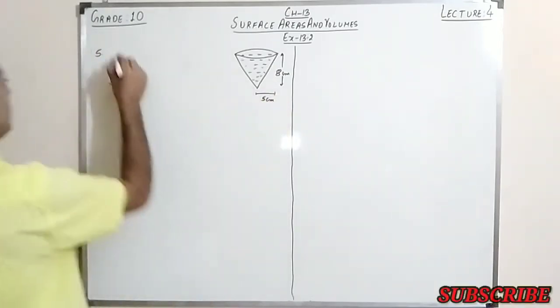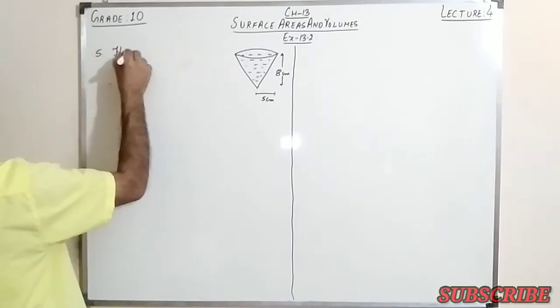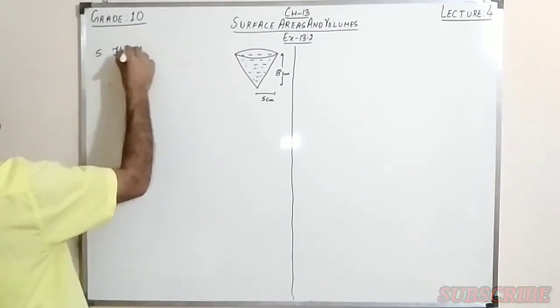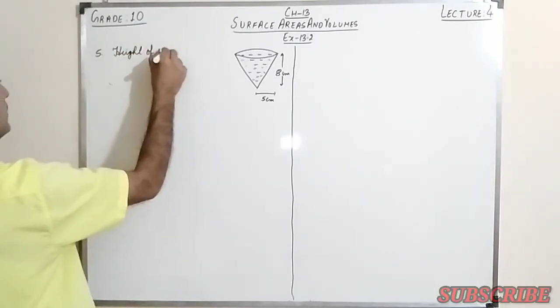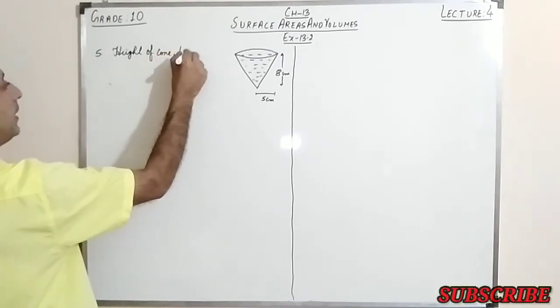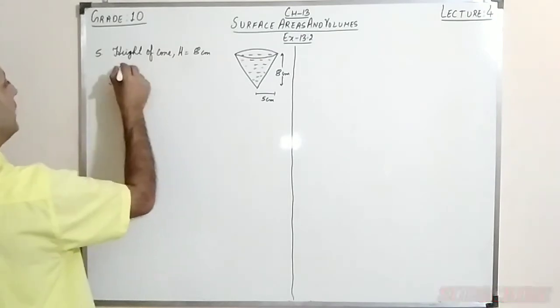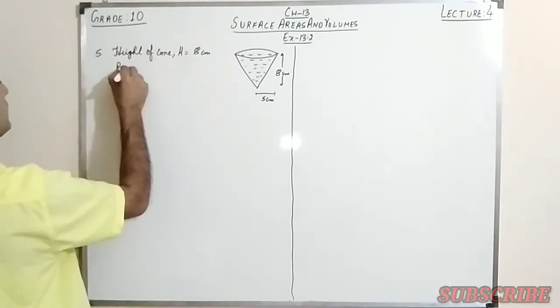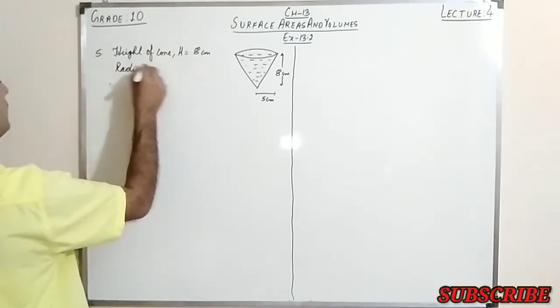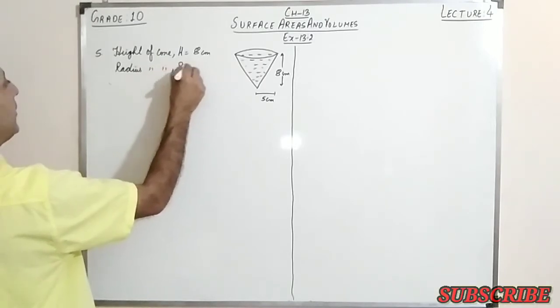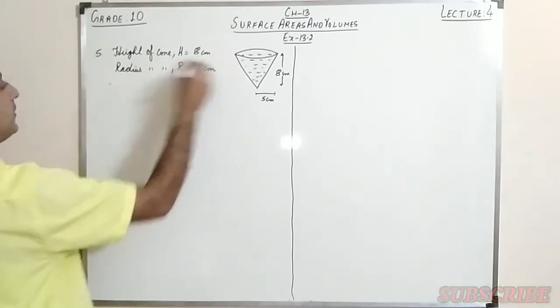So let's write it down. Height of cone, let's take it as capital H, equals 8 centimeter. And the radius of cone, capital R, is given as 5 centimeter.